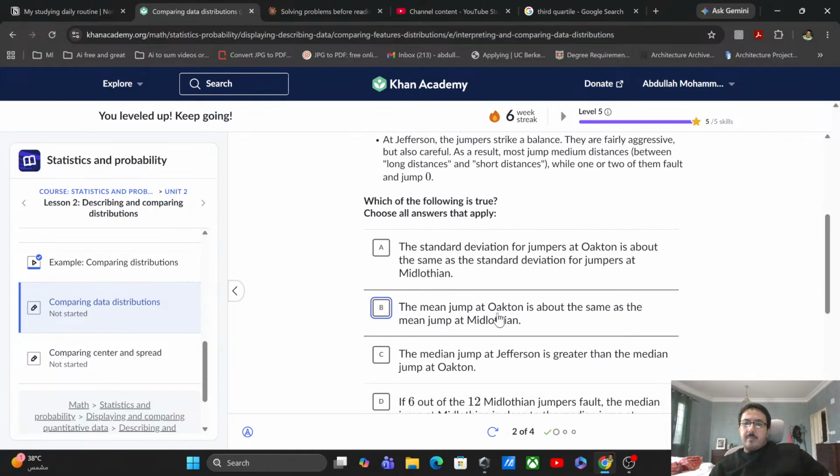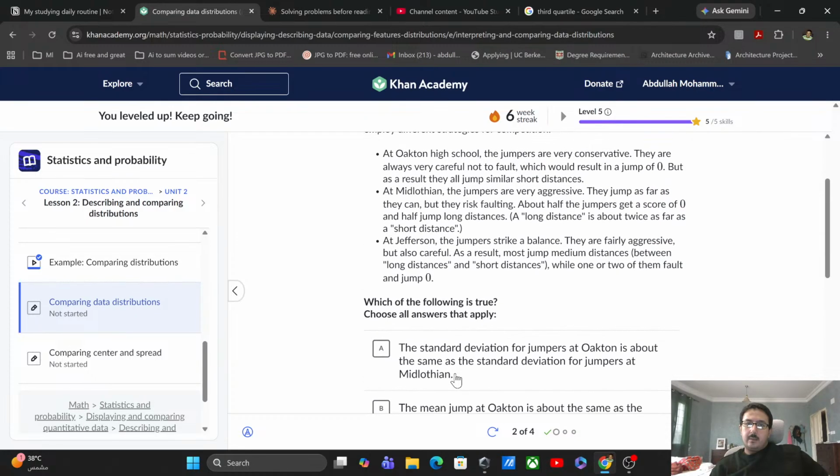The mean jump at Octane is about the same as the mean jump at Middleton. Nope. The median jump at Jefferson is greater than the median jump at Octane. Yep.